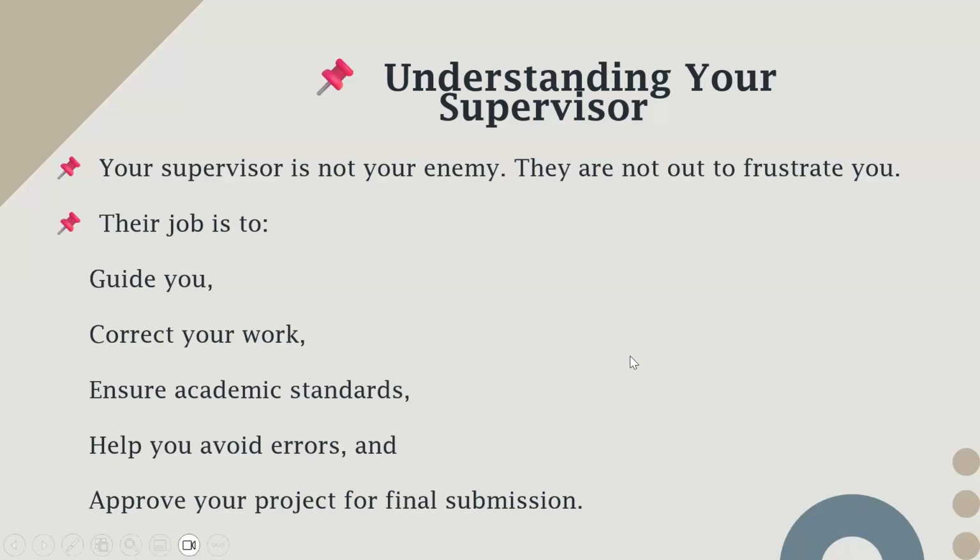So every supervisor has their preference, they have the way they prefer the work of their students to look like and all that.